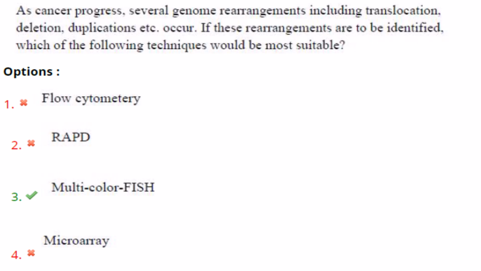Then microarray, yes, it can detect duplication and deletion, because it results in a change in copy number, but it is not efficient for detecting translocations. So microarray is not the answer. The answer is multicolor FISH.